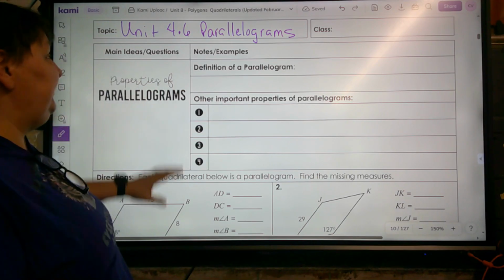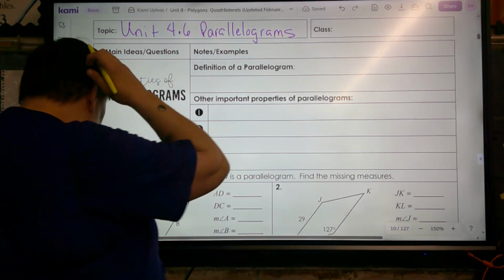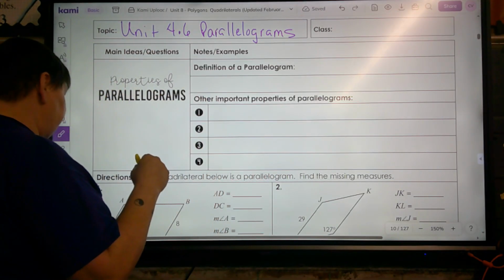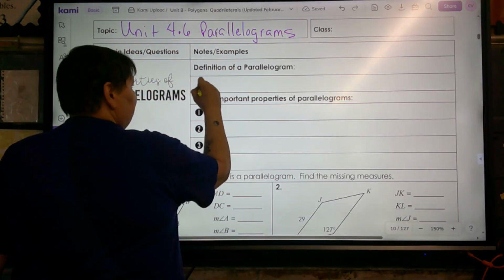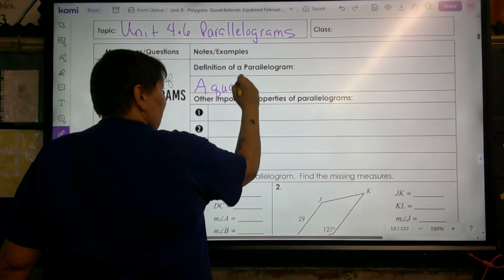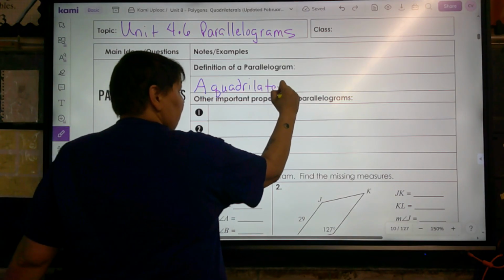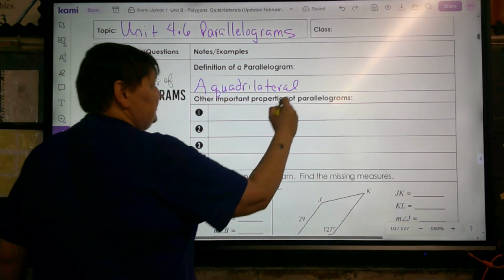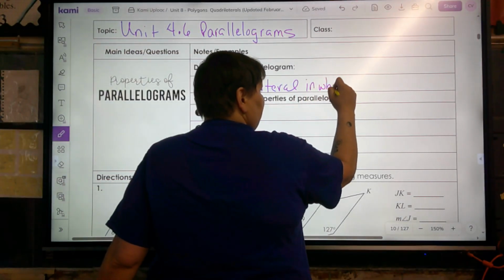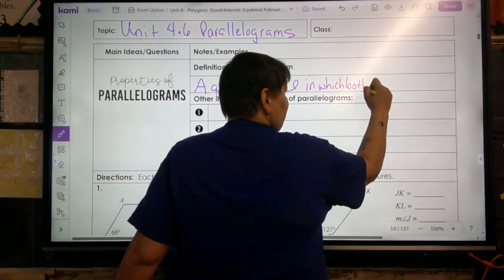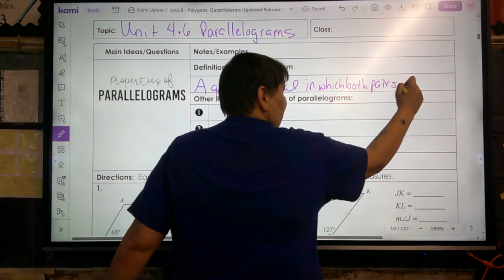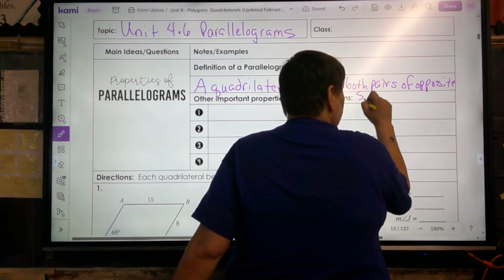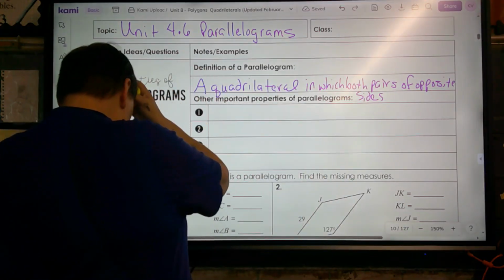Alright? Properties of parallelograms. A parallelogram is a quadrilateral, meaning it has 4 sides, in which both pairs of opposite sides are parallel.